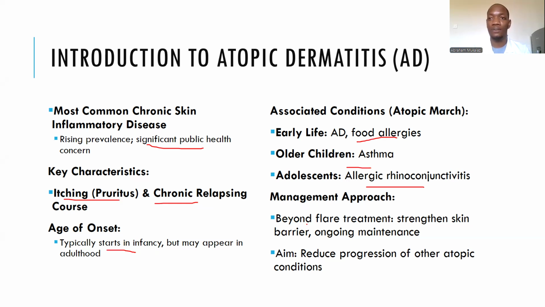And we're going to see how this comes about. In management, we usually encourage that it goes beyond treatment of the current flare, to make sure that you strengthen the skin barrier and then you do maintenance and minimize relapses. So the aim is usually to prevent progression to other atopic conditions as well as prevent complications.